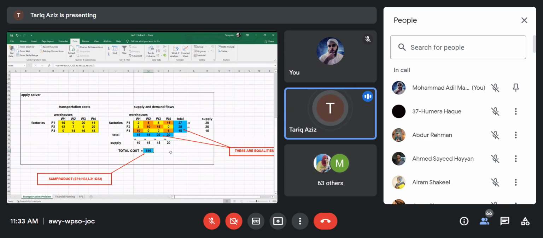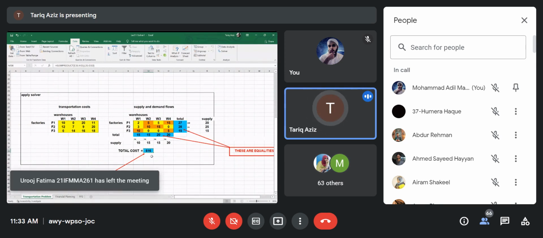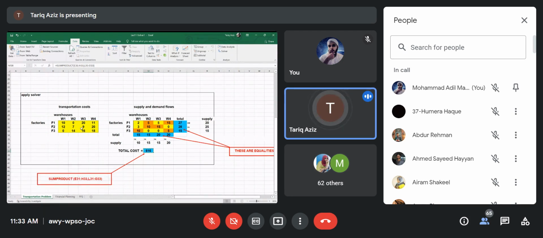How we can solve this problem using solver. So before going to the solver option, first you have to select the objective cell. Our objective cell is this one, which contains the formula for calculation of the total cost. So our total cost is nothing but the multiplication of the matrix 1 and matrix 2.